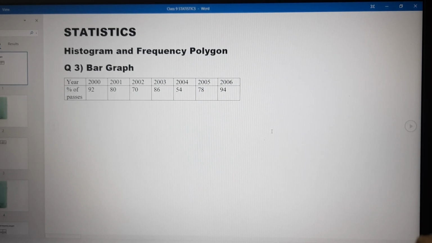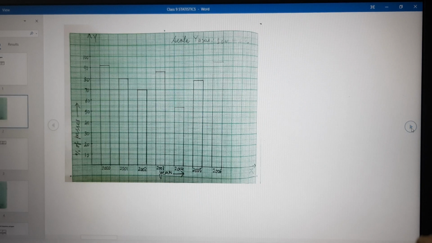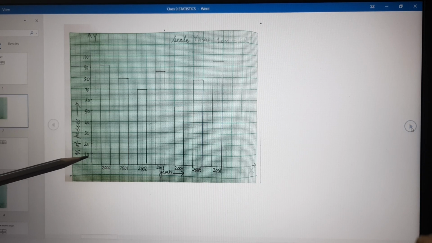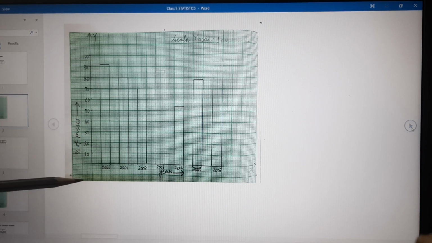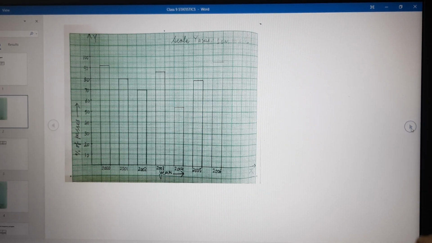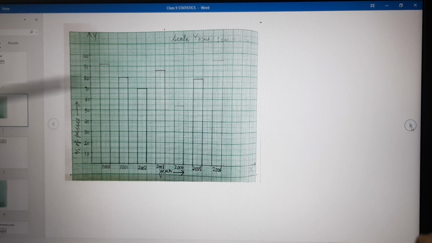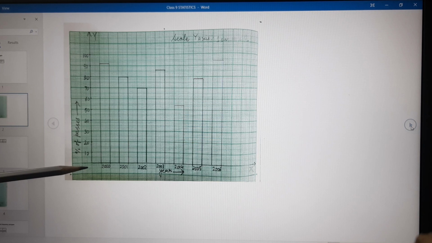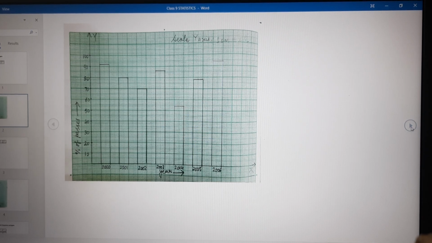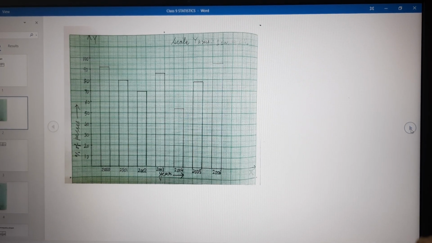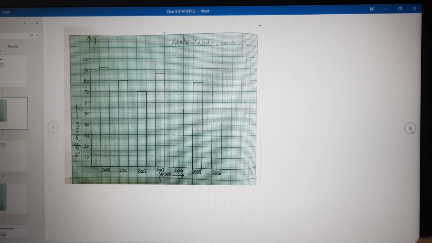So that is why I have taken the values as 0, 10, 20, 30, 40. You can see that the gap is always the same. You need to remember that the gap should not be the same only from 10 onwards. It should be the same for 0 to 10 also. Are you getting it? If 0 to 10 is a gap of 10, then from 10 to 20 and onwards, the gap should be uniform, that is 10.